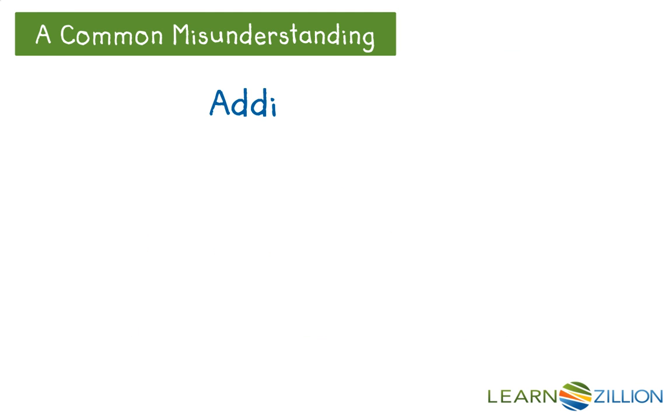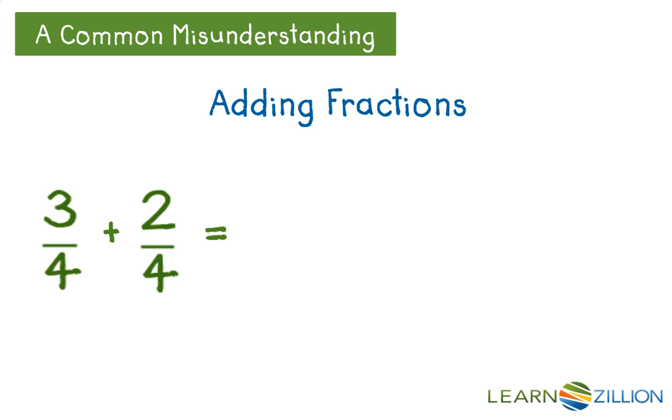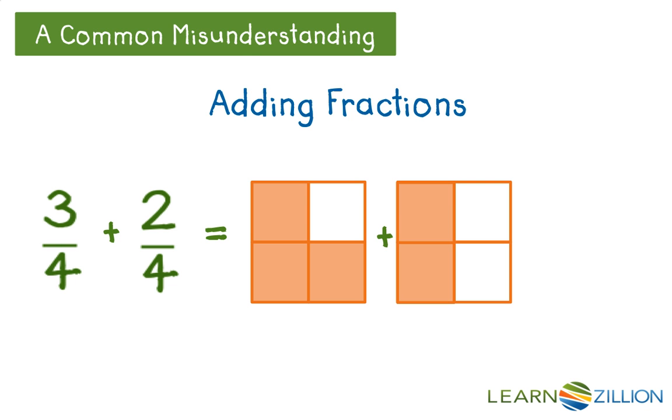When working with line plots and fractional data, it is important to remember how to add fractions. When we add fractions like in the problem below, it can be a common misunderstanding to add both the numerator and the denominator. However, it is important to remember that we're adding pieces of a whole. For the problem 3/4 plus 2/4, we start with 3/4 and add 2/4 to that.